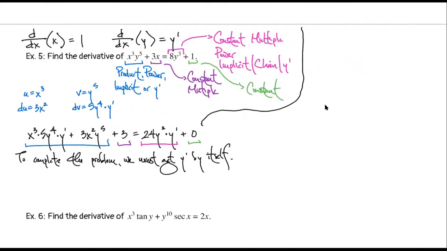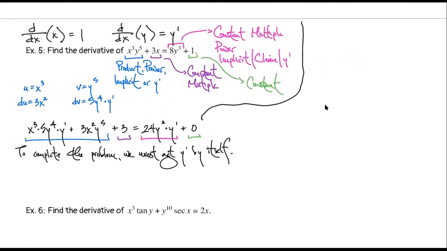So we end up with 5x cubed y to the 4th y prime minus 24y squared y prime equals negative 3x squared y to the 5th minus 3.